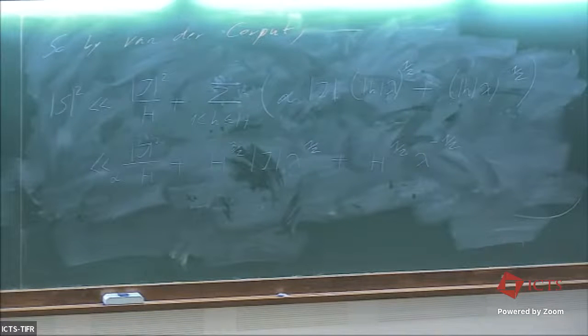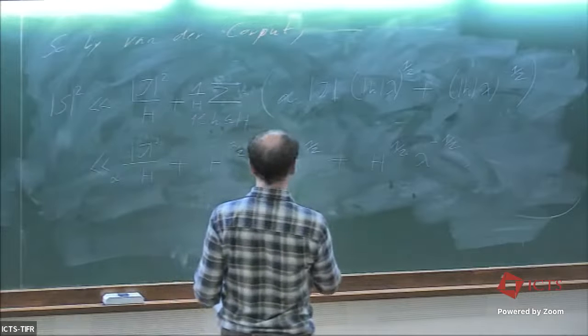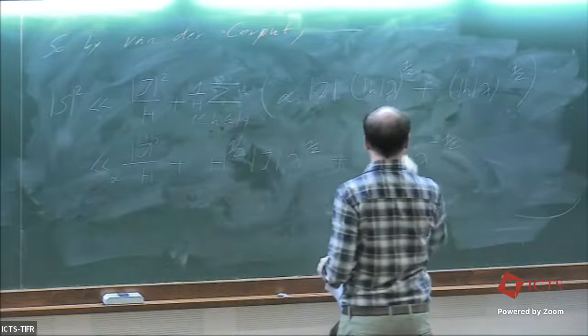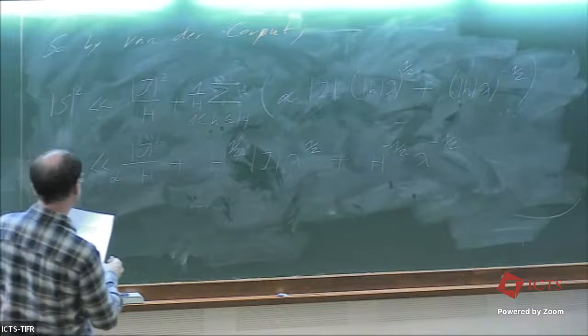To divide by h, because we divided by h squared here. So we had an h in the numerator and we divided by h squared here. So that factor I forgot. So then this turns into 1/2 and that turns into minus 1/2. So now everything correct?